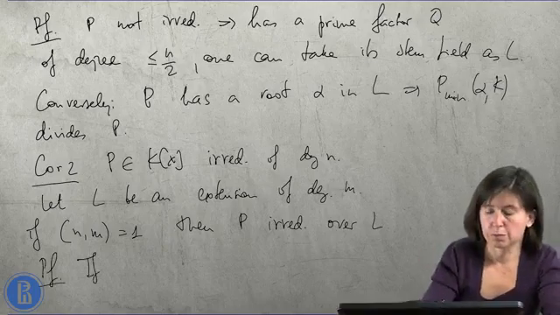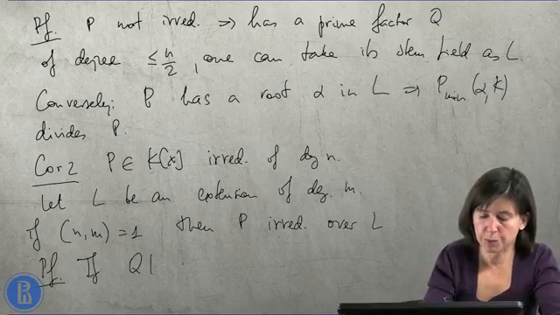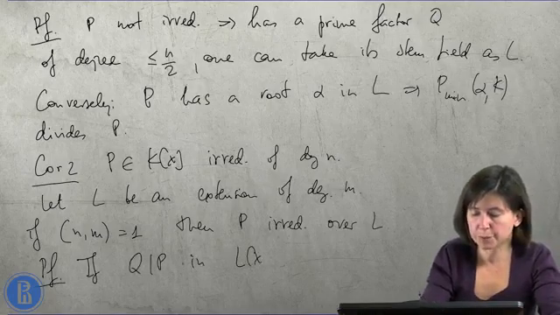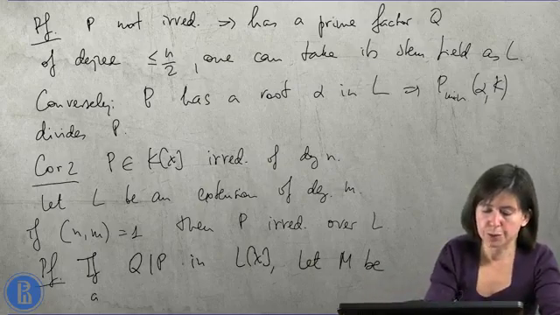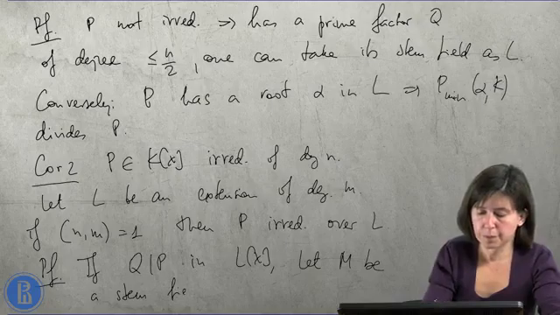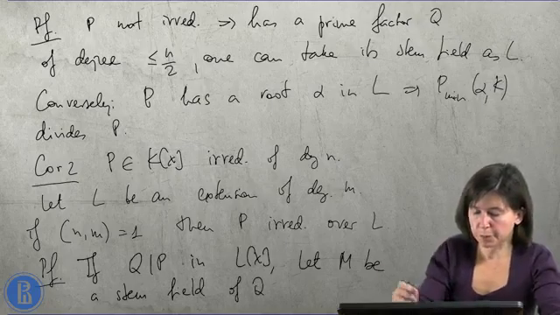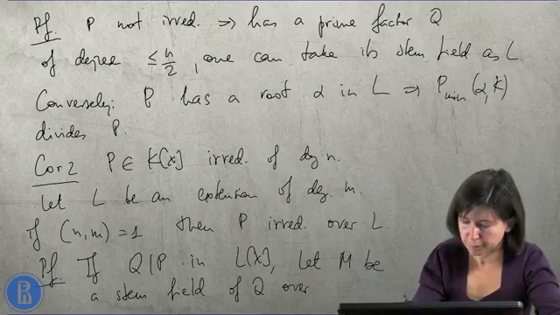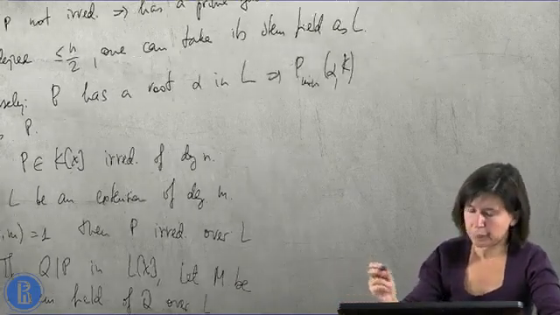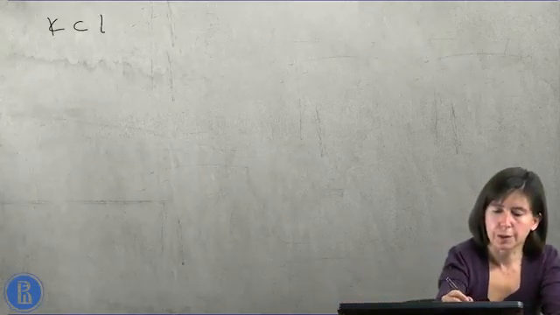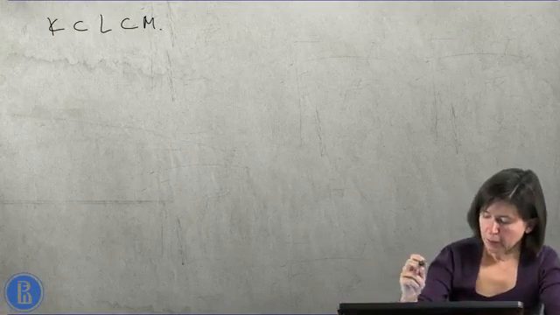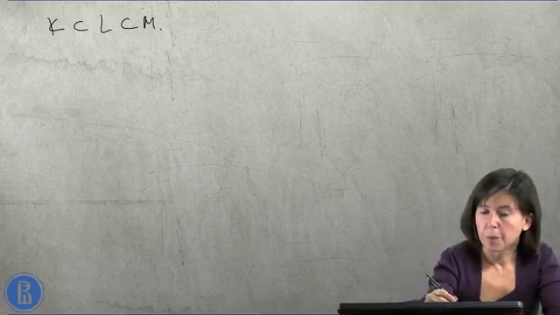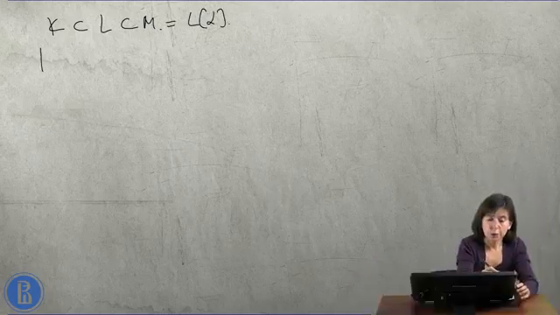If this is not the case, Q divides P in L[x]. Let M be a stem field of Q over L. So we have K in L in M. Well, M is L(alpha), so K(alpha).